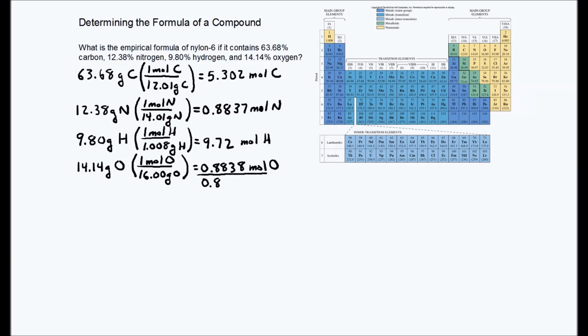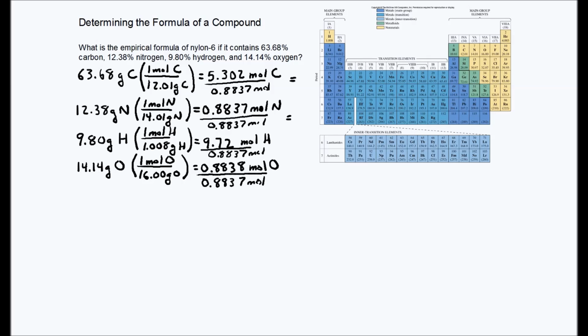So 0.8837 moles is what I'm dividing by in all the cases.